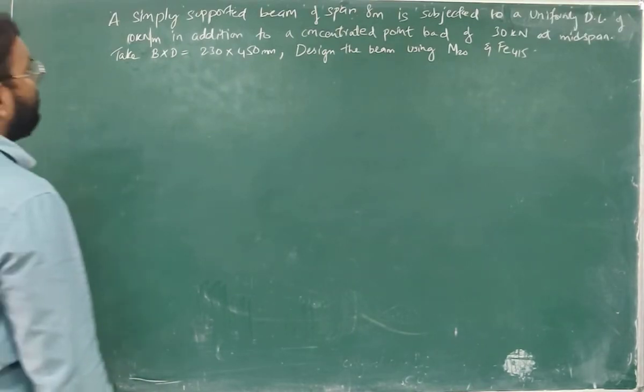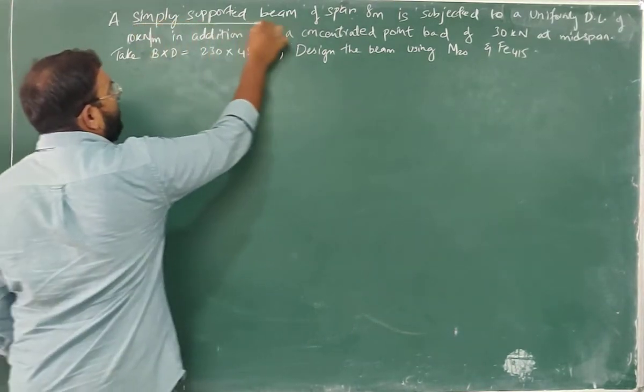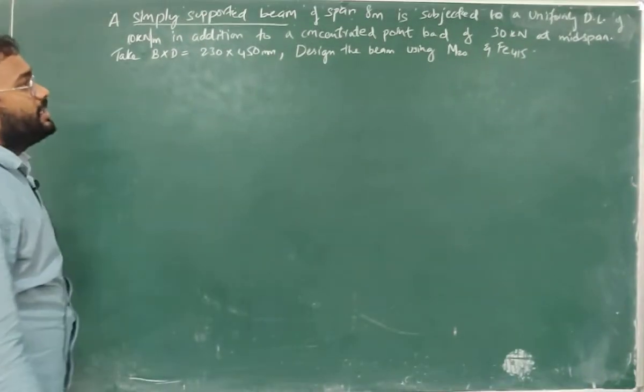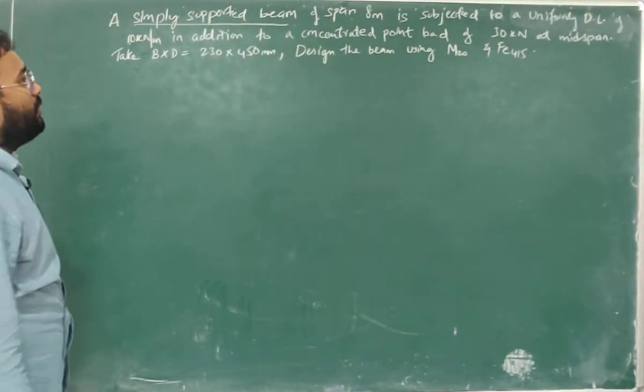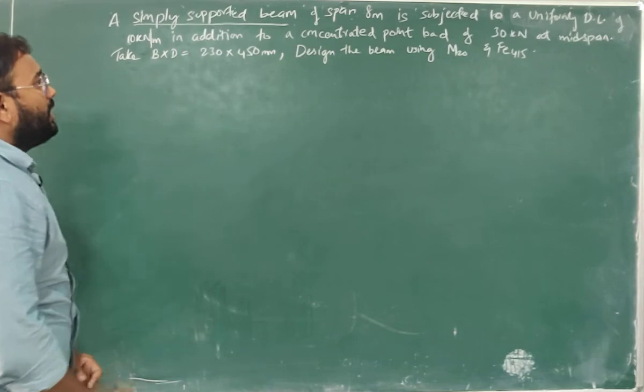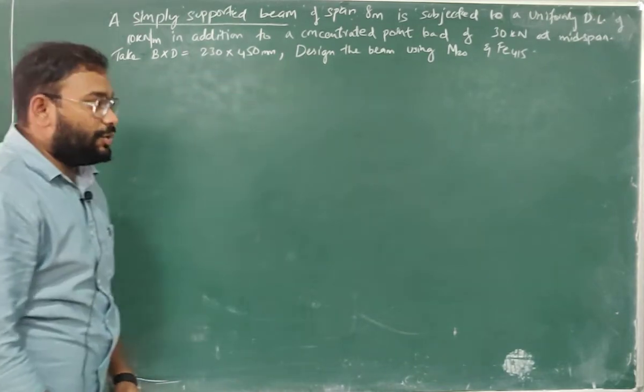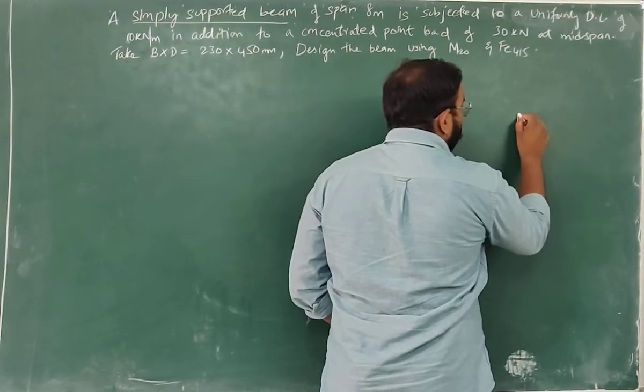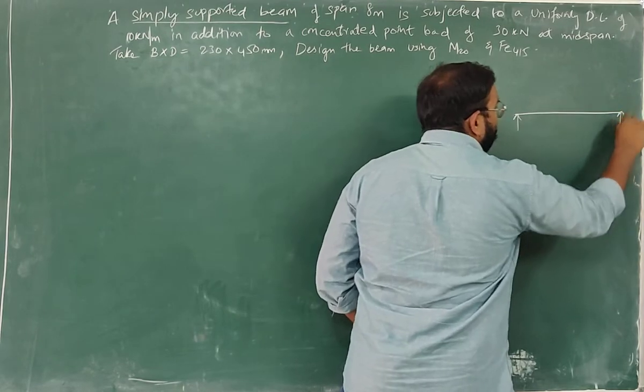Now in this problem you are given a simply supported beam of span of 8 meters which is subjected to a uniformly distributed load in addition to a concentrated point load. So what it is saying to you that it has got two loads.